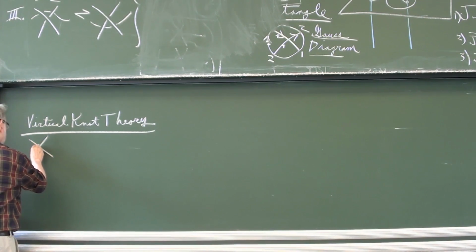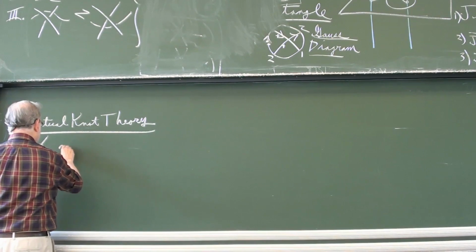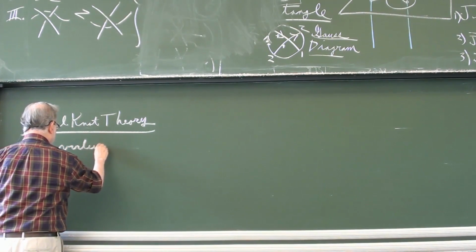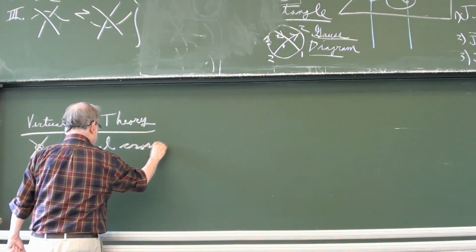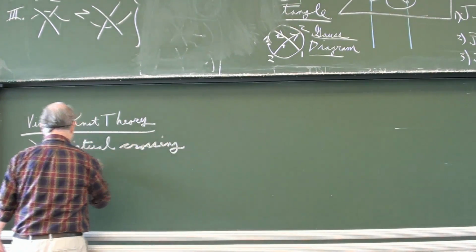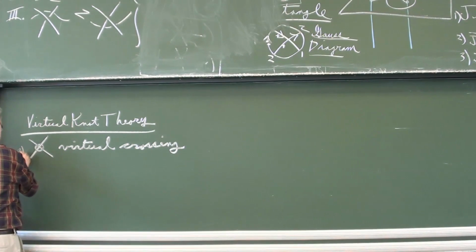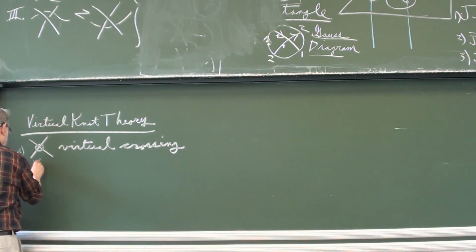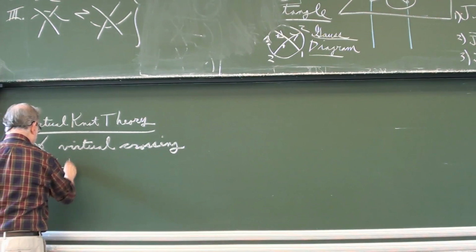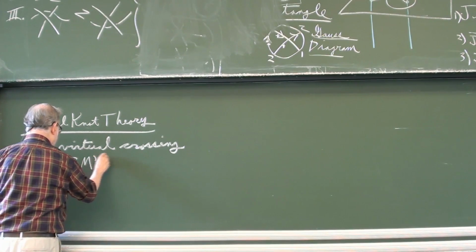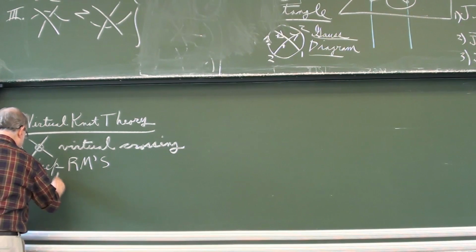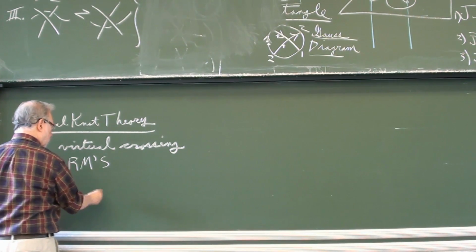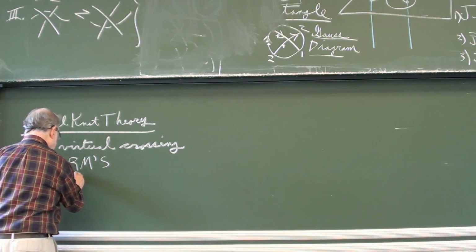You add a new crossing. You keep the Reidemeister moves, and you add some new moves, and I'll draw them out.